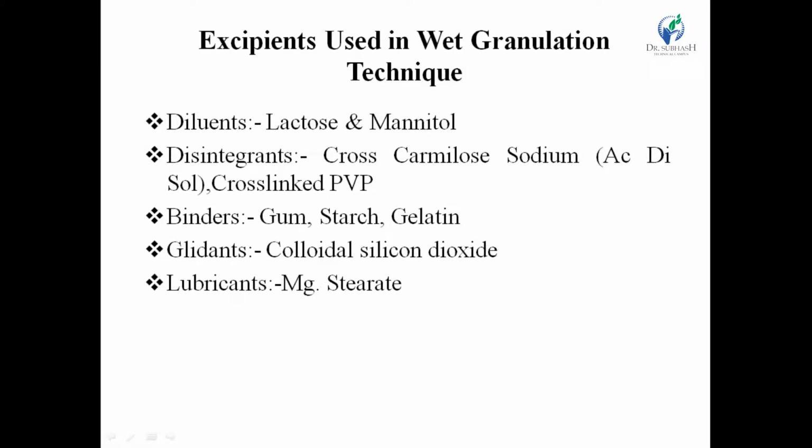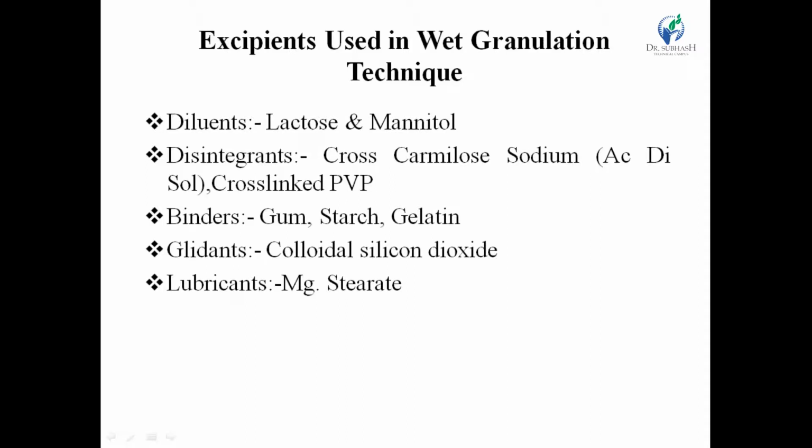Excipients that are used in the wet granulation technique. First is diluent, also called bulk enhancing agent. Examples of diluents used in wet granulation are lactose, mannitol, etc. Second is disintegrant. Disintegrants act as breaking agents. Examples of disintegrants are croscarmellose sodium, also called Ac-Di-Sol, and cross-linked PVP. Next is binder.